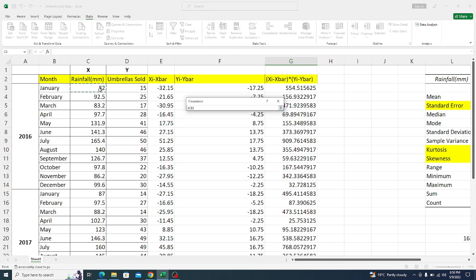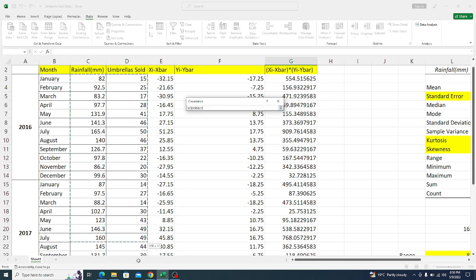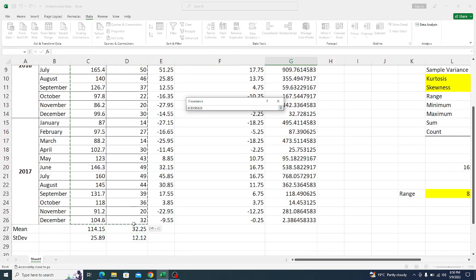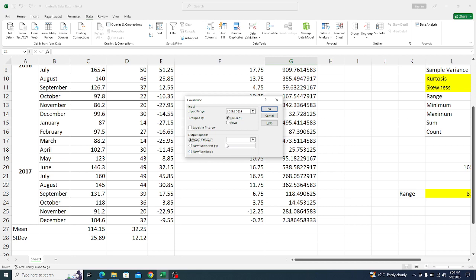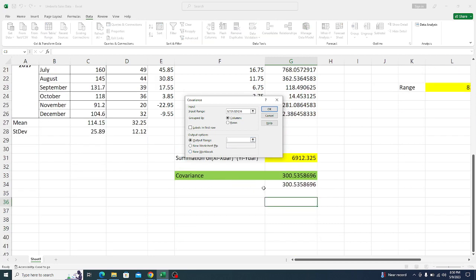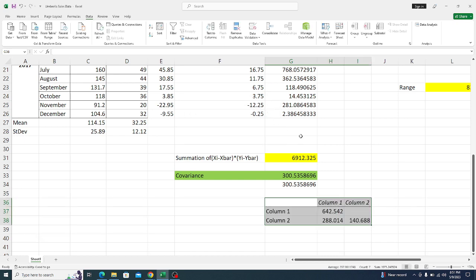But for this case we can just highlight where we have the data. Then we need the output here in this worksheet. Once you click where you need the output, then click OK, and it will give you the covariance.